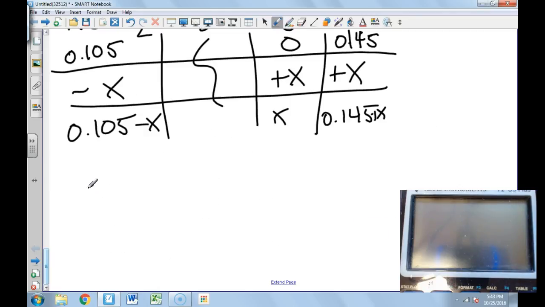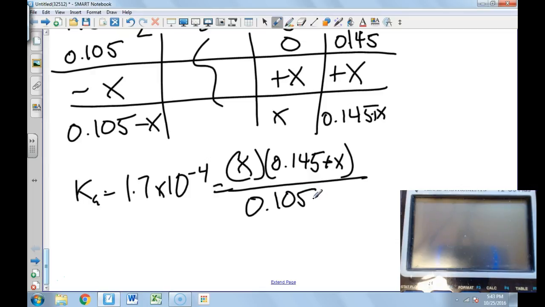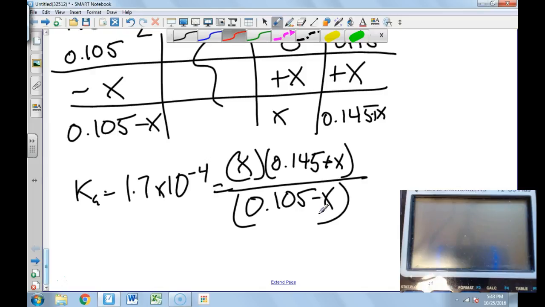And now we solve. Ka equals 1.7 times 10 to the minus 4 equals products, x times 0.145 plus x, all over the reactants, which in this case is just 0.105 minus x. We're going to use our 5% rule, and so that gets rid of this and this.